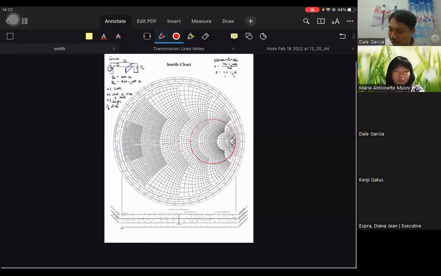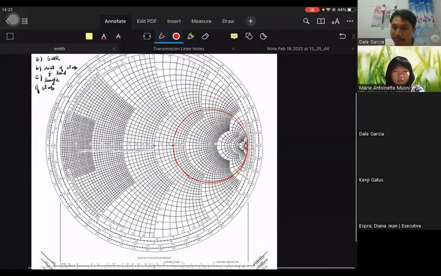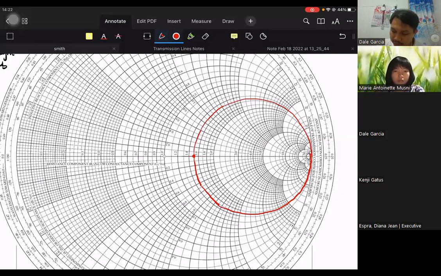1.5 ni siya. So, meaning ani, wala pa nako i-plot ang J2. Wala pa. So, this is Z equal to 1.5 plus Jx, no? So this represents all complex impedances with a real resistance of 1.5.